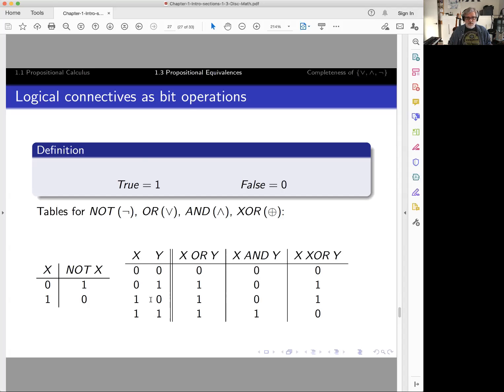So this will be 1 as long as there's a 1, X or Y is 1, otherwise it's 0. What is the AND? The AND is 1 or true if both are true, 1, otherwise it's 0. The XOR you see is 1 when exactly one of them is 1. Okay, so obviously we haven't learned anything, right? We just erased true and false and put zeros and ones in their place.